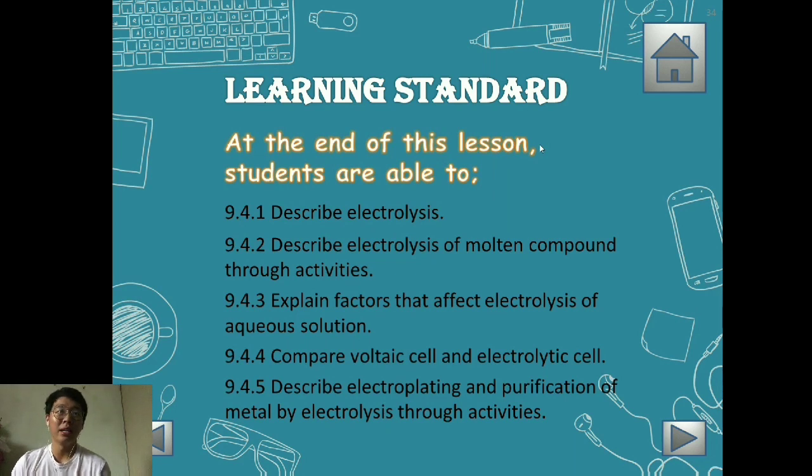Next, we explain the factors that affect electrolysis of aqueous solutions. Then we will compare the voltaic cell and the electrolytic cell. And the last part is electroplating and the purification of metals by electrolysis.